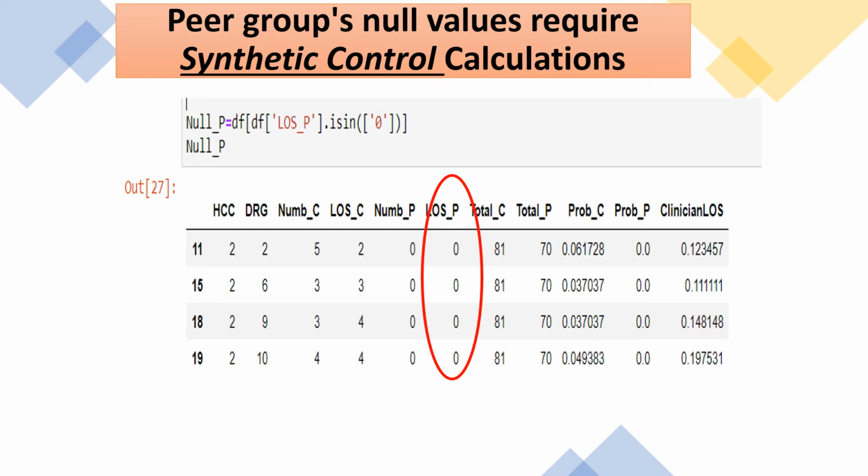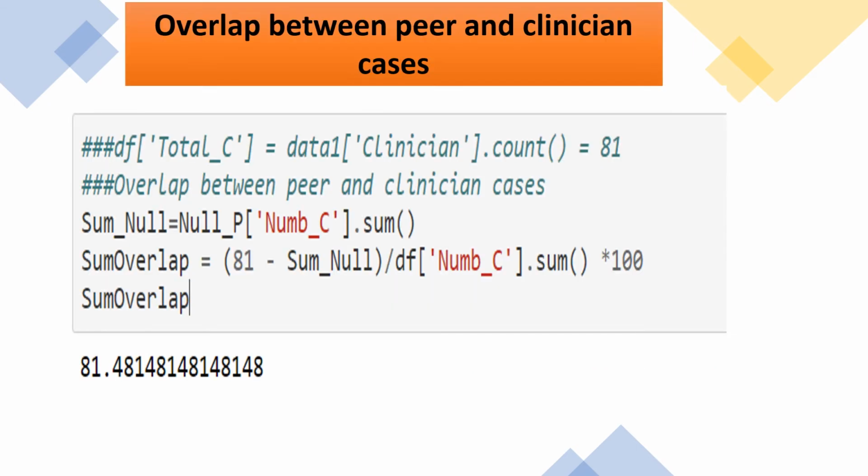These synthetic cases replace missing cases and allow all clinicians' patients to have at least one match among the peer group's patients. In this slide, we have to calculate the overlap between peer and clinician cases, and the answer is 81.48. It means that 81% of peer cases can match with clinician cases.